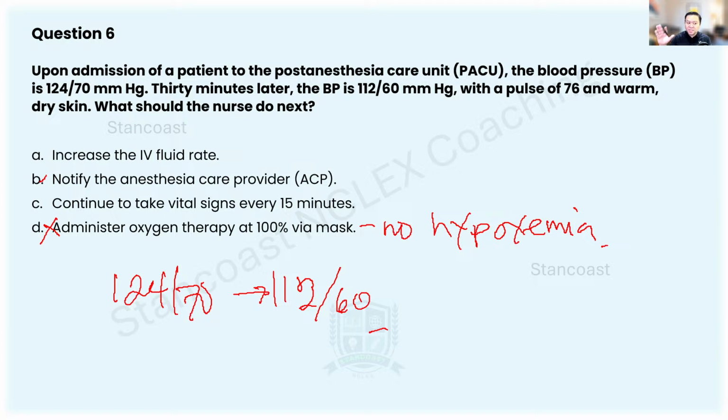So there will be some fluctuations, okay? This is expected in our post-operative patients, that there will be fluctuations within the normal range, okay? So that is not going to call for the notification of the anesthesia care provider, all right? We're only going to call the anesthesiologist whenever there is a significant change out of the norm.